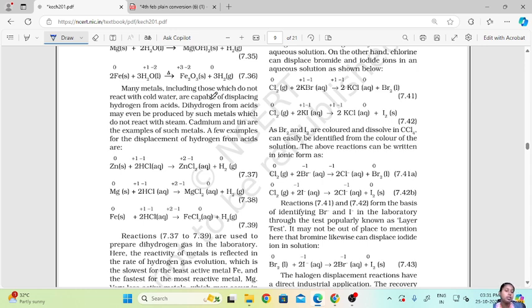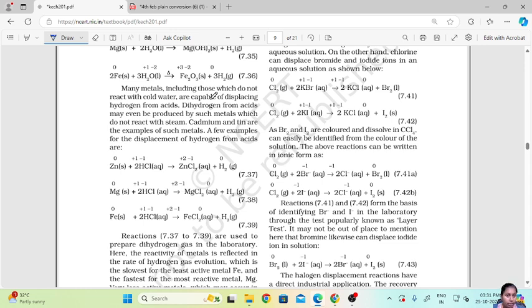Many metals, including those which do not react with cold water, are capable of displacing hydrogen from acids. Now dihydrogen from acid may even be produced by such metals which do not react with steam. There are two examples I have given you: one which reacts with cold water, the other which reacts with steam.